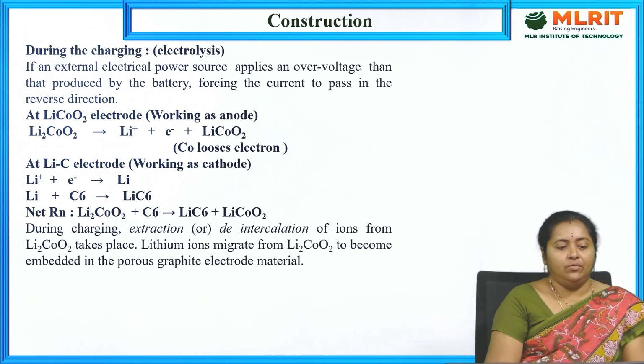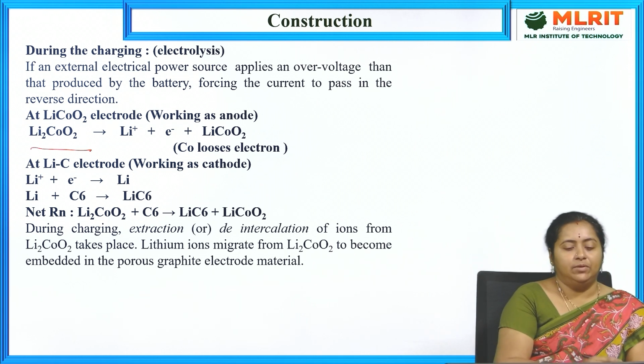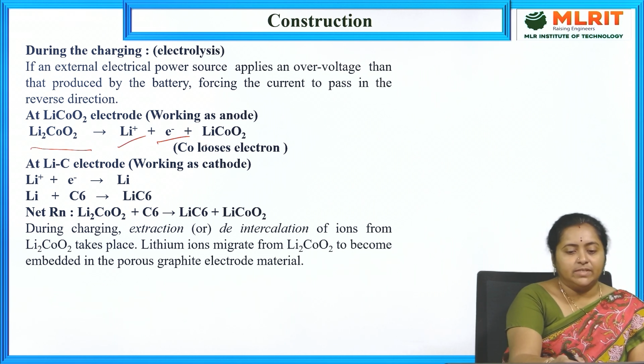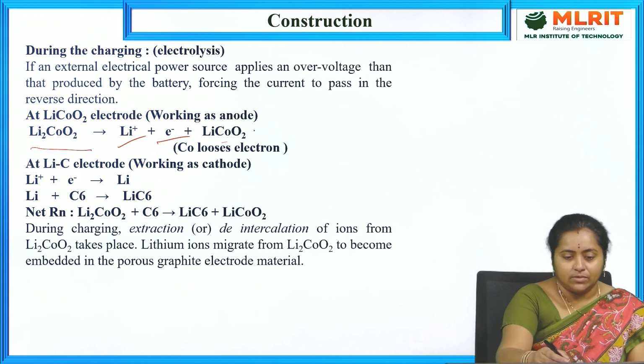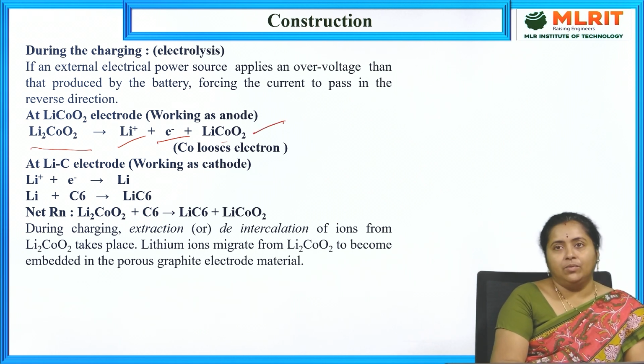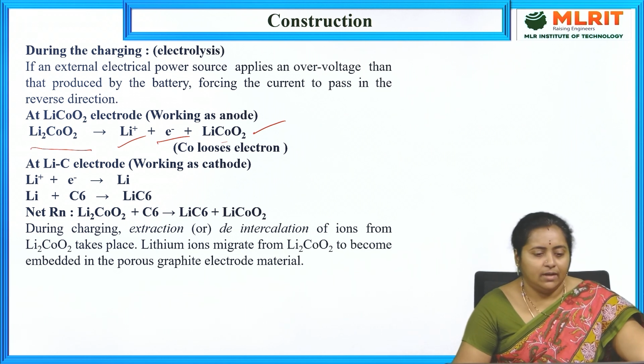So, at the anode what will happen? Oxidation will take place. Li2CoO2 is able to release one electron, along with that lithium will be released, because in this the cobalt is able to lose electrons by involving in oxidation, so that we will get LiCoO2 back. That means regeneration of LiCoO2 is possible after this anode reaction.